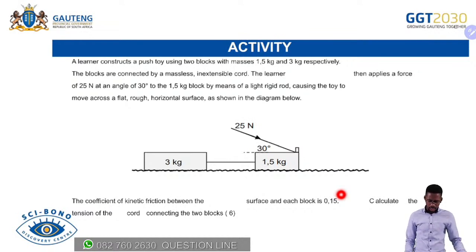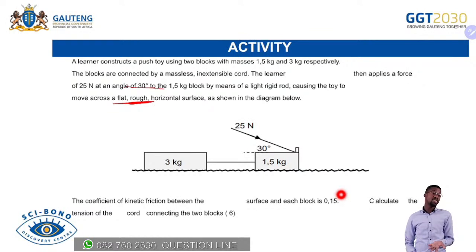A learner constructs a push toy using 2 blocks with mass 1.5 kg and 3 kg respectively. The blocks are connected by a massless inextensible string. The learner then applies a force of 25 newtons at an angle of 30 degrees to the 1.5 kg block by means of a light inextensible rigid rod, causing it to move on a flat rough surface.